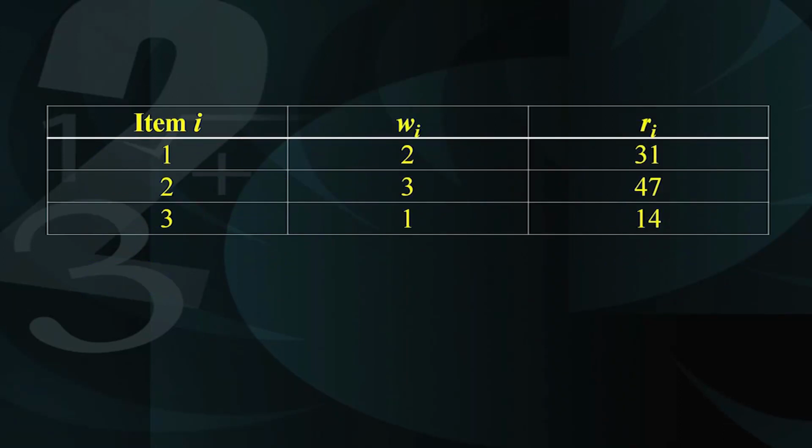Now, here is the data that is given for the problem, that is the items are numbered as 1, 2 and 3 and the corresponding Wi is given to be 2, 3 and 1 and the corresponding Ri is given to be 31, 47 and 14. So, as before we need to look at what are the decision variables, what are the objective functions, what are the constraints.